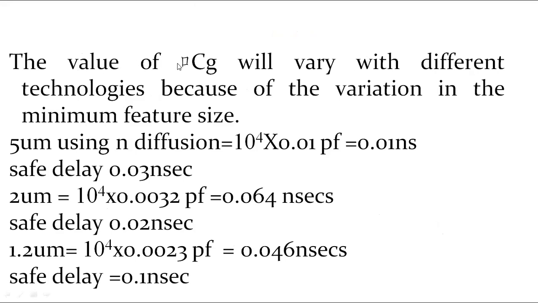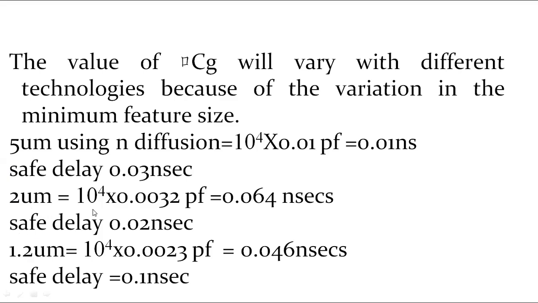The value of square Cg will vary with different technology because of the variation in the minimum feature size. Only the sheet resistance will be constant for the three technologies. Sheet resistance will be the same, the only variation is in capacitance square Cg.